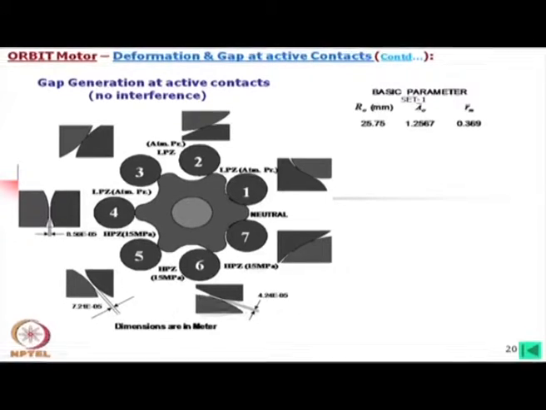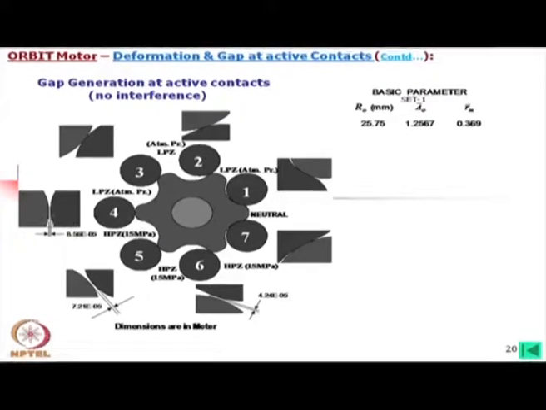Now, this is using the FEM technique, and this pressure, as you can see, is 15 megapascal, and this will give us the physical size. At 15 megapascal we find that these gaps are generated, and as you see, this is very critical.